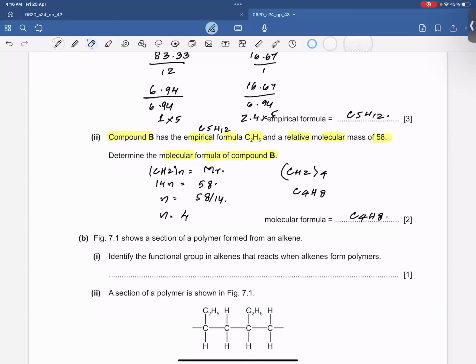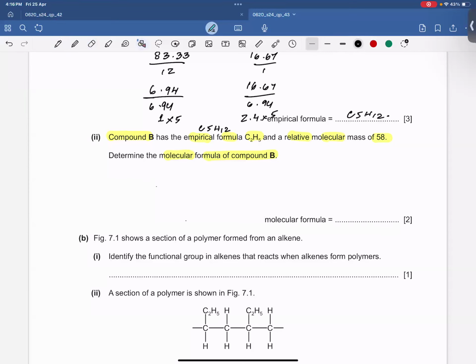My bad, my bad, my bad. What is this? That was a pathetic mistake I have done. It is C2H5, it is not CH2. So 29 N equals 58.